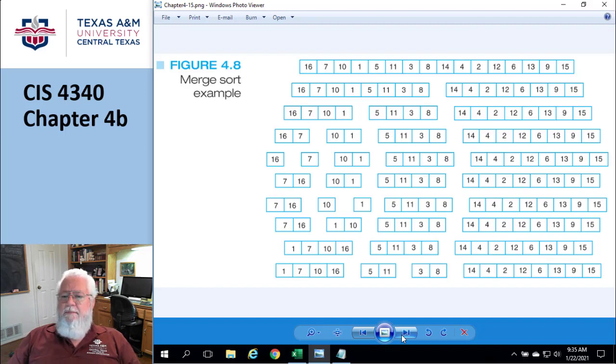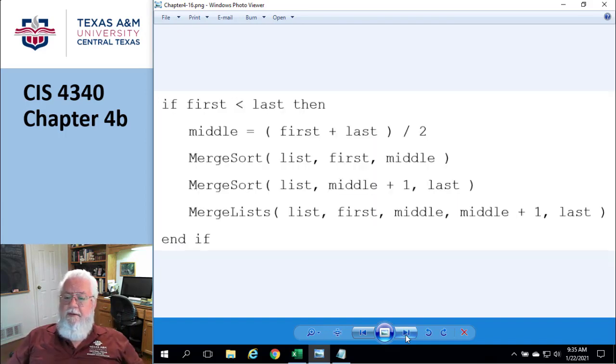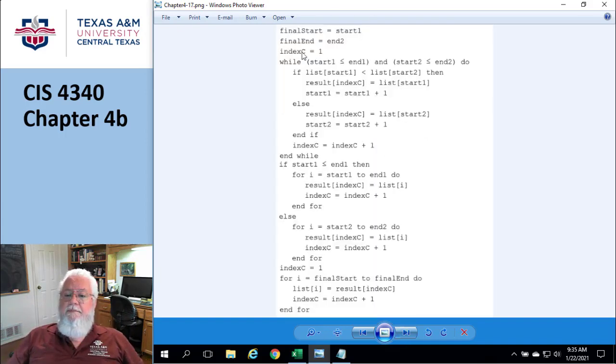So what we do in a merge sort, we're looking at the example in the book for the algorithm. When you do one of these, you're going to have to call this with n minus 1.